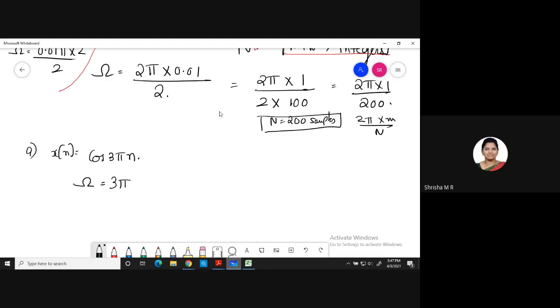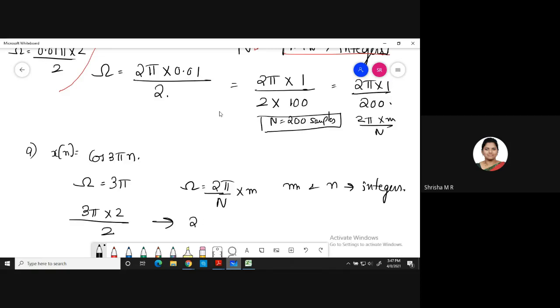So I will express this omega in the form 2 pi by n into m, where m and n are integers. Try expressing that in that form. To express this 3 pi in 2 pi by n into m form, you have to multiply and divide it by 2. So 3 pi into 2 divided by 2. Now you rearrange that. You get 2 pi into 3 by 2.